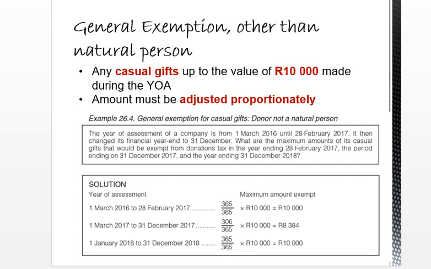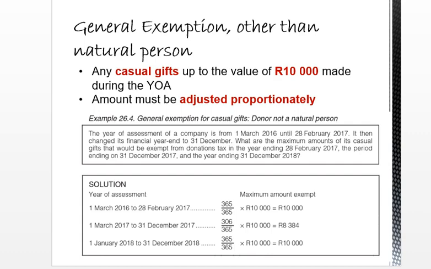So then if we look at the current financial year, or year of assessment, which is then from the 1st of March 2017 to the 31st of December 2017, that is basically 9 out of 12 months multiplied by 10,000. So now you are limited to, your general exemption will only be 8,384 Rand.